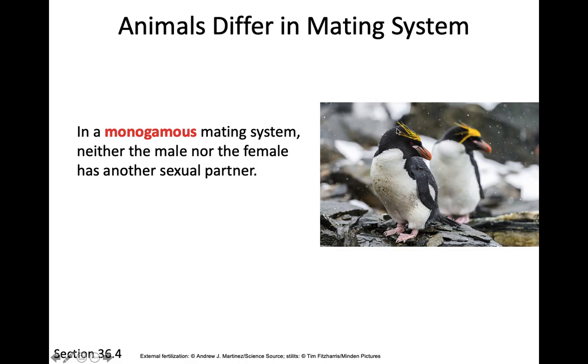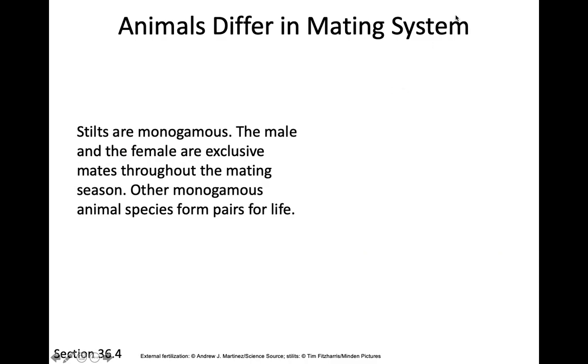Very rare in the animal world. Some species of birds do this, most of them don't. Some of them will be monogamous in the sense that they hang out with the same partner, they raise babies with the same partner, but those babies might not be their actual babies, kind of thing. So, true monogamy in the animal world is a little uncommon.